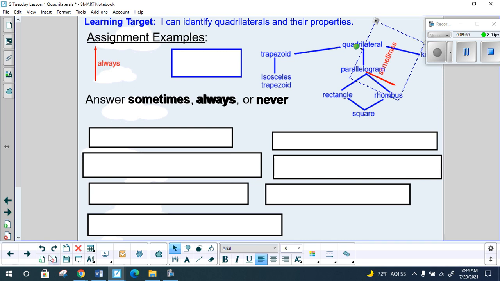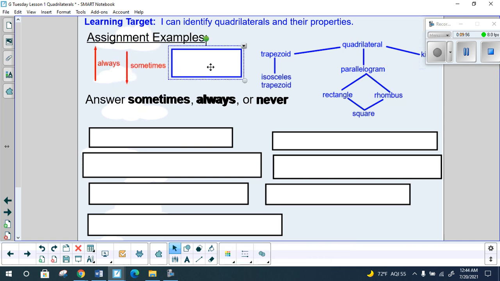So sometimes is going down, always is going up, and then never is when we're going across from branch to branch. If I asked if an isosceles trapezoid is sometimes, always, or never a square, because they're on totally different branches, it is never a square. It's going back and forth.